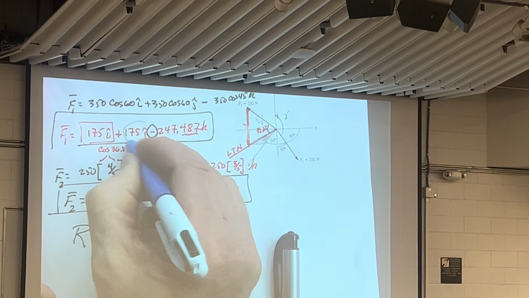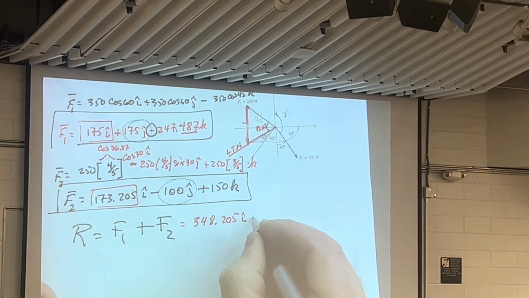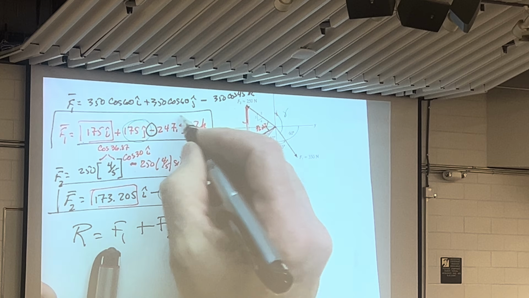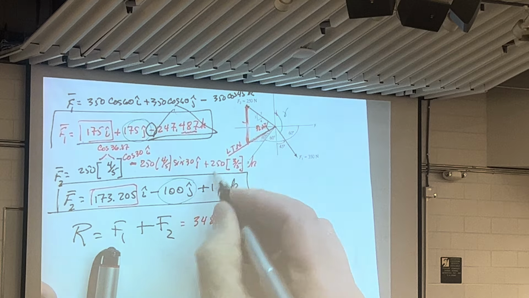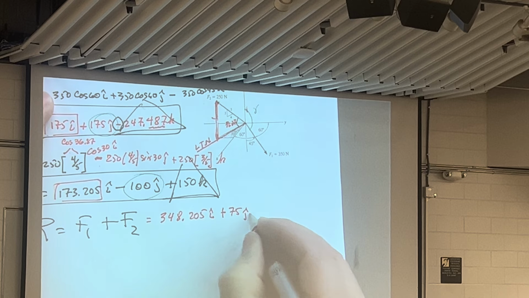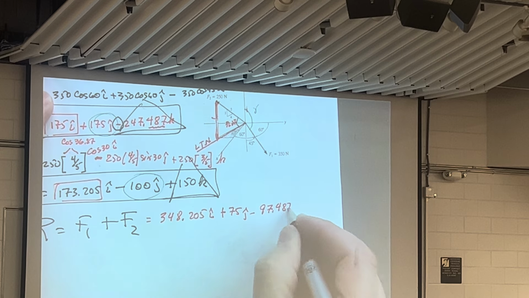I'm going to add j's. That's going to be plus 75j. And I'm going to add k's. So that's going to be minus 97.487k.